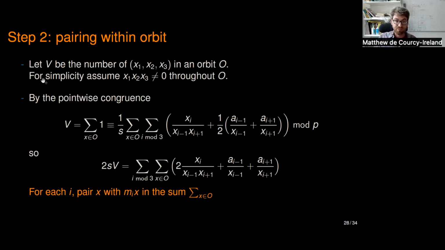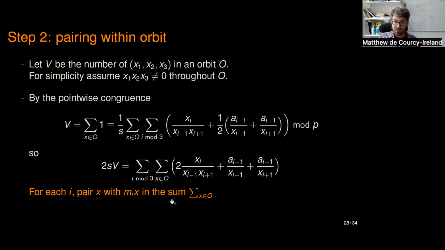So step 2, let v be the number of triples in an orbit O. For simplicity, we're still assuming nothing vanishes, so we can divide by something that's not 0. So v is the sum of 1 over all x in the orbit, but 1 is also the same as 1 over s times the sum over all three indices. So if you change the sums, so you sum first over i, then over x in O as the inner sum, and clear denominators, you can write 2sv as a sum over all indices, sum over all triples.